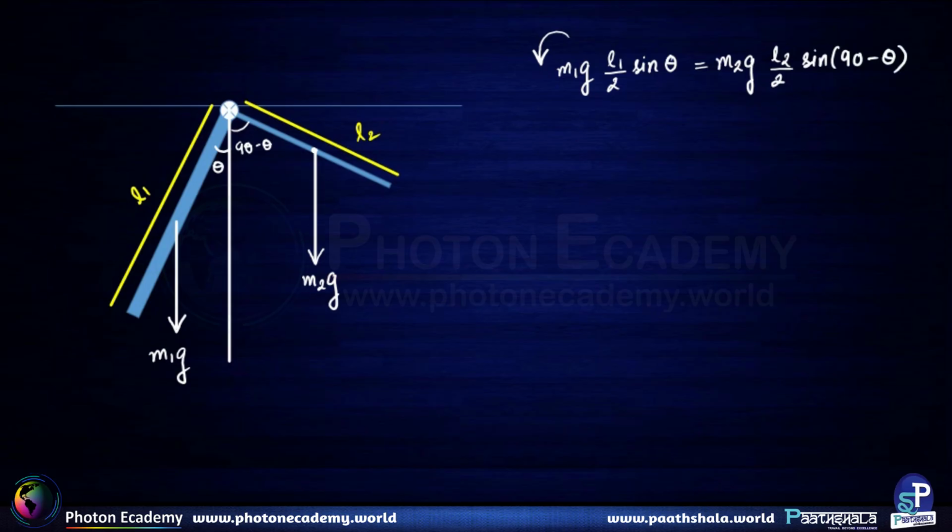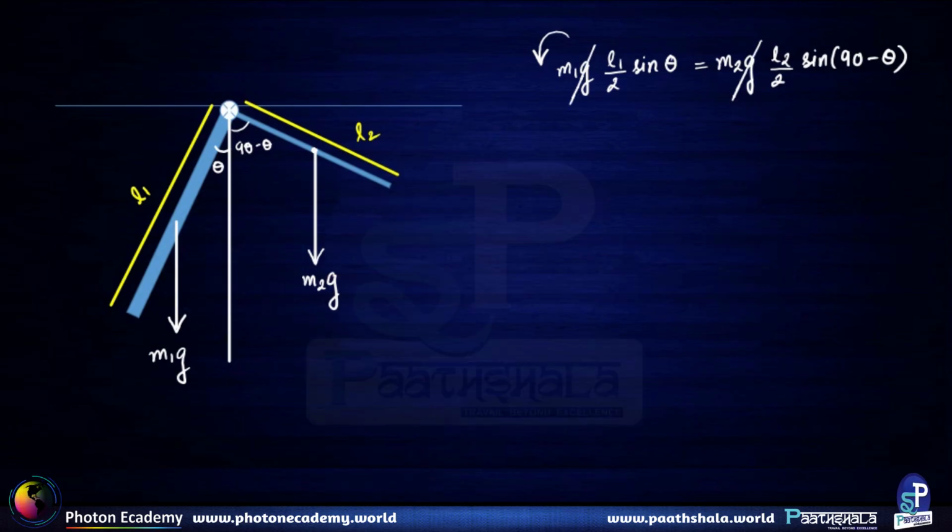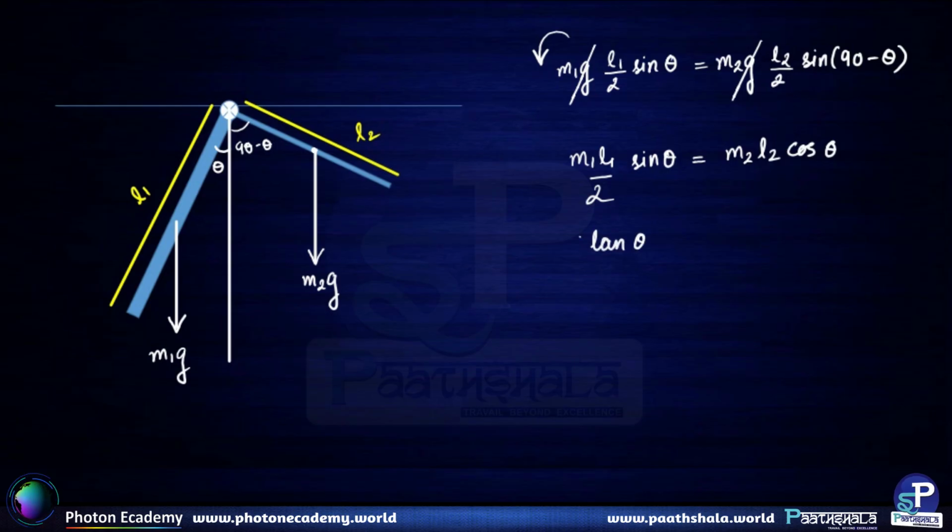Similar analysis holds good, but instead of theta we have sine of 90 minus theta. This is the only single equation that we need, and ultimately we get m1 L1 by 2 sine theta is equal to m2 L2 by 2 cos theta.